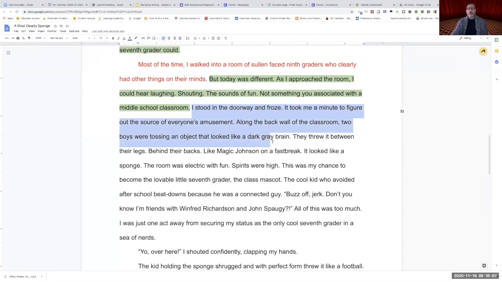There's really nothing else here. I'm just describing what I'm seeing, even though there's some figurative language there. I'm describing what's going on. And then you could make a case for this being a feeling or emotion, and I'll go ahead and add that.